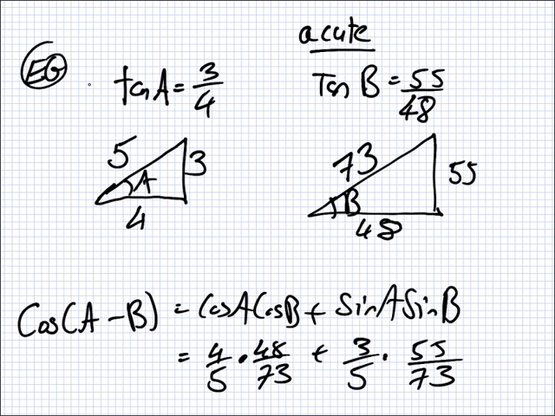Both. It depends on how you look at it. Oh, well, I'll tell you now. For me, I'm taking reflex to mean more than 180 and less than 360. And obtuse is more than 90, less than 180.